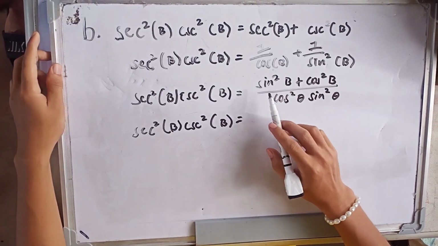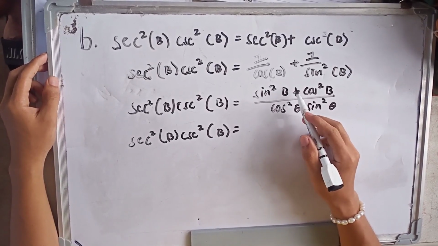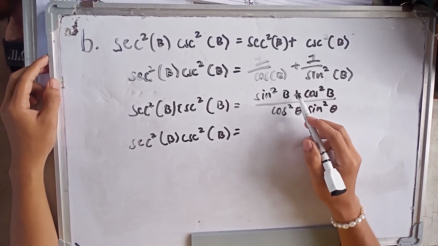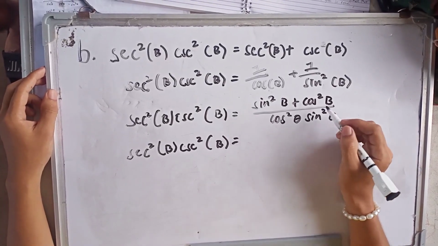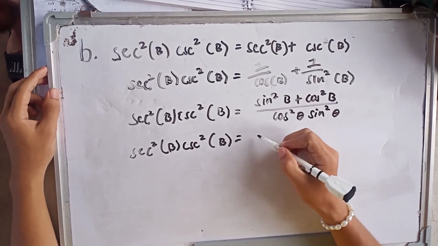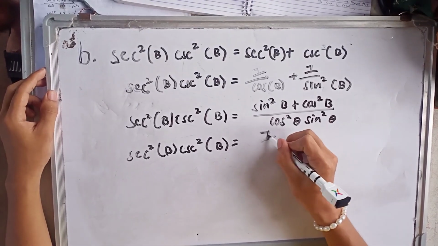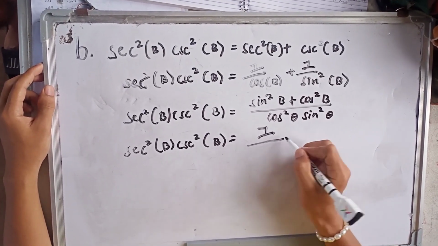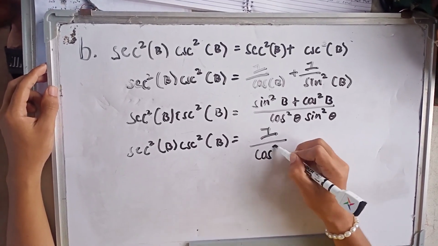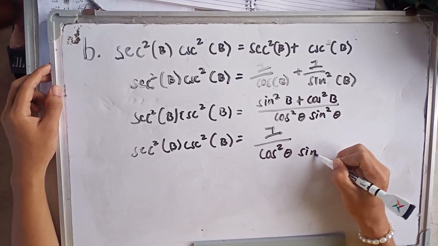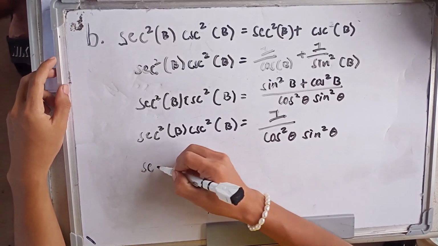As you can see, in the numerator of this fraction we have an addition operation. In the Pythagorean identity, sine squared theta plus cosine squared theta is equal to 1. Then copy the denominator of the fraction. Then copy again.